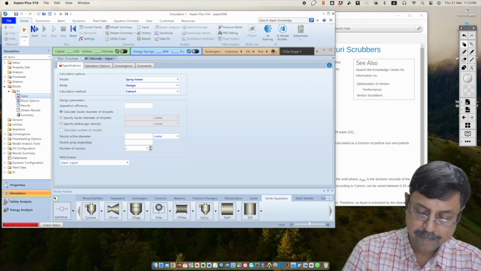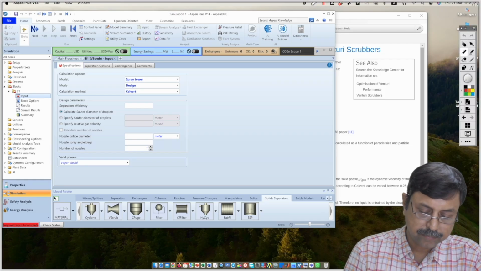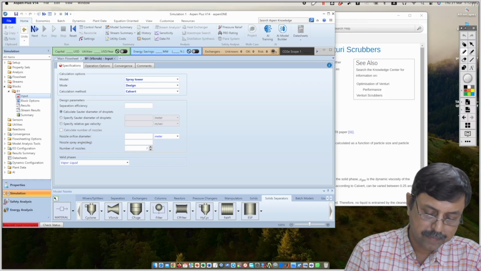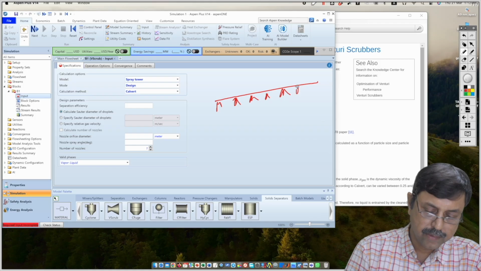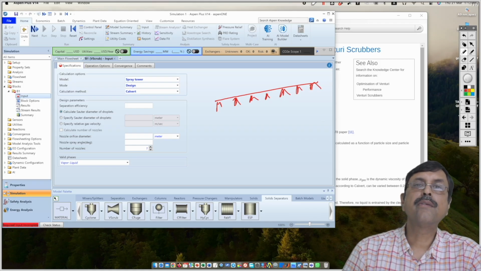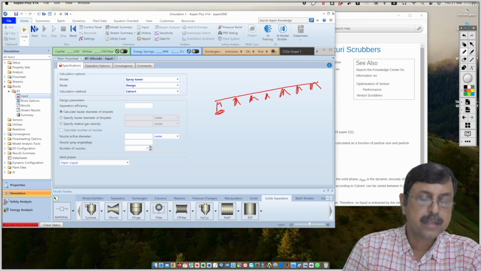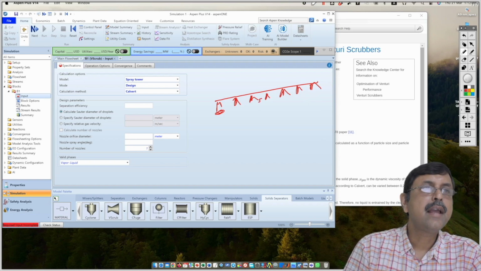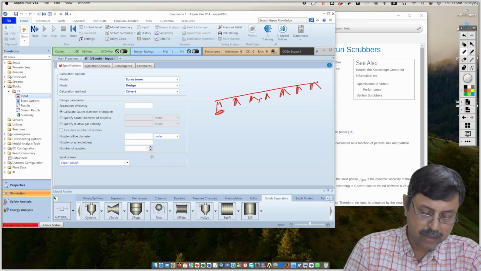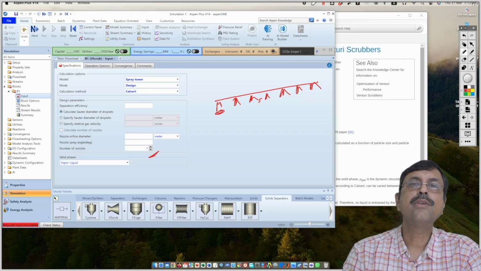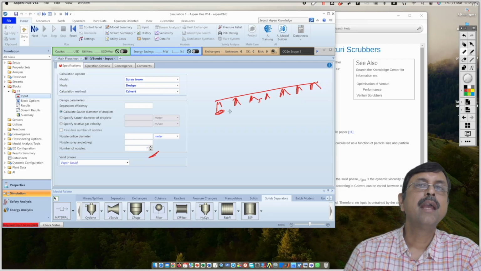Nozzles, you remember, these are the nozzles, like in the spray chamber. You remember there were some spray nozzles over here. So the diameter of the nozzle, the angle of the nozzle, and also the number of nozzles, all these three things you have to specify.